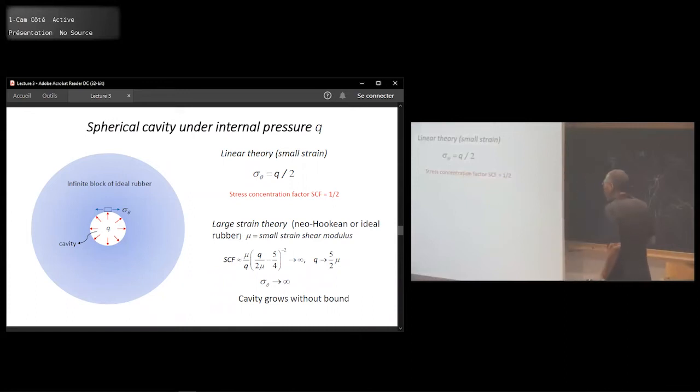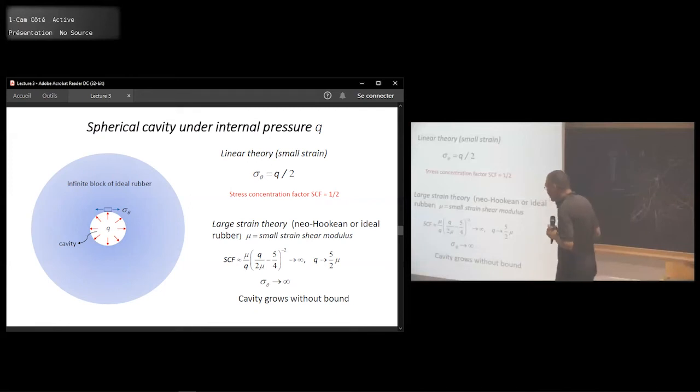No problem. Now, if you do large strain theory using a Neo-Hookean or ideal rubber, and remember mu is the small strain shear modulus, then the stress concentration factor goes to infinity as the pressure Q approaches 5 mu over 2. Because in this case mu equals E over 3, that's 5/6 of the Young's modulus.